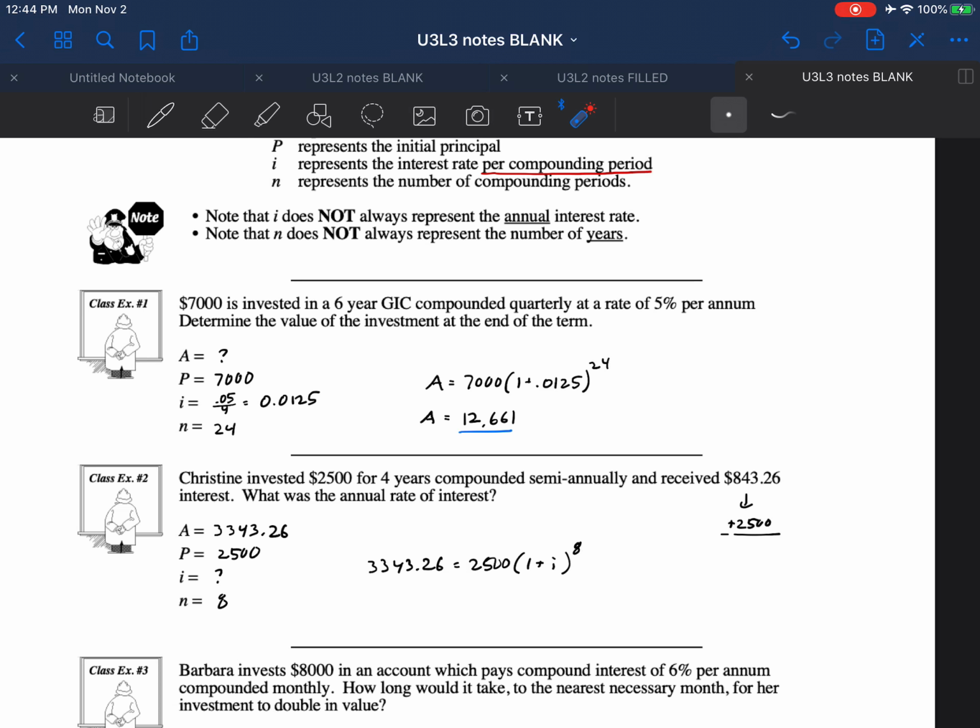Then I put my comma and the variable I'm solving for, which in this case is x.